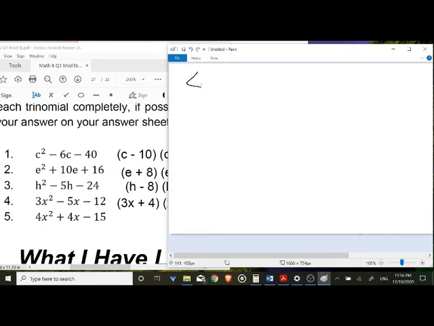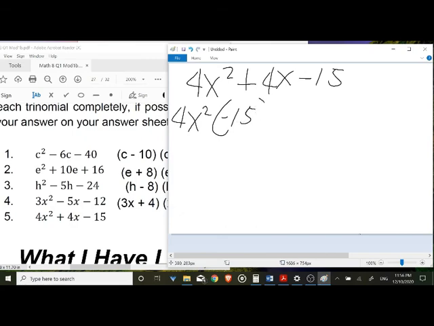Number 5. 4x squared plus 4x minus 15. So 4x squared times negative 15. That is equal to negative 60x squared. So, factor this negative 60x squared.